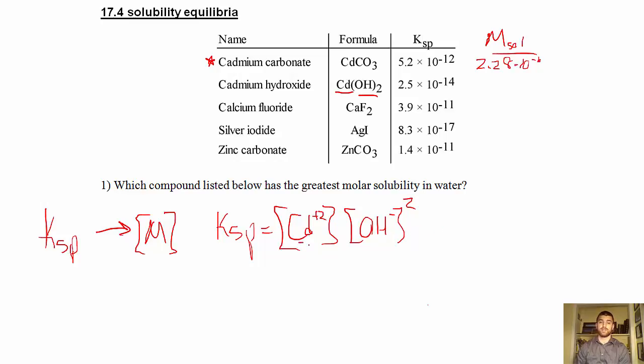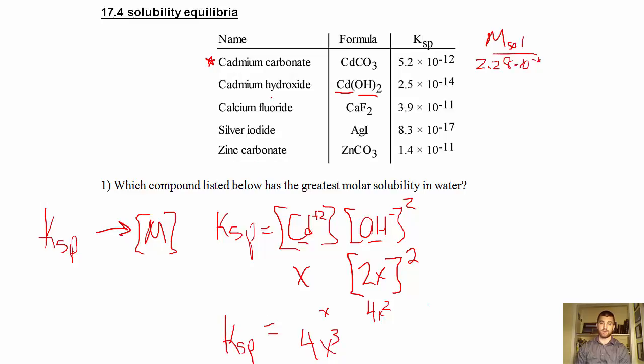Now the question is, how do these two compare to each other? Well, if I get 1 cadmium, I'm going to get 2 hydroxide. Now what further complicates things is that 2 times the concentration is also squared. So when we square that, we end up getting 4x squared times x, and we end up with 4x cubed equals our Ksp.